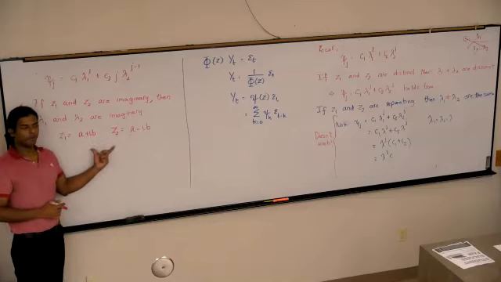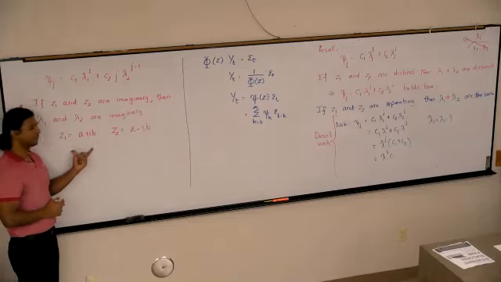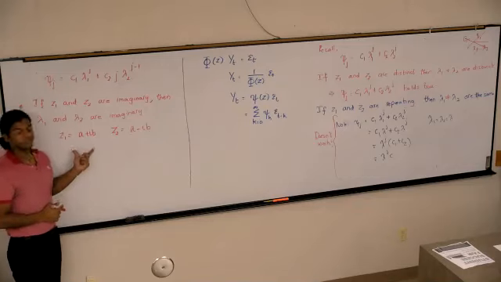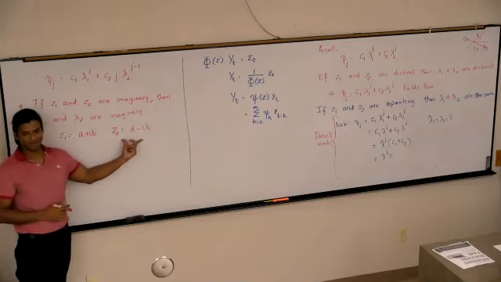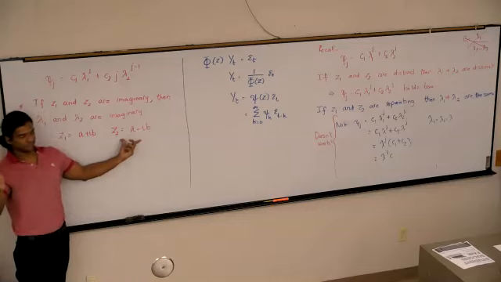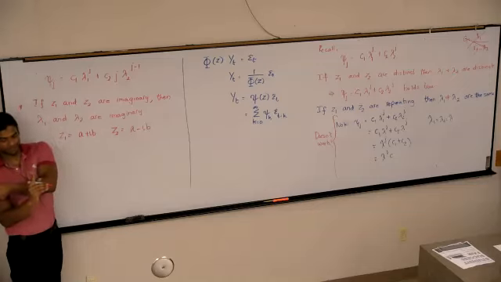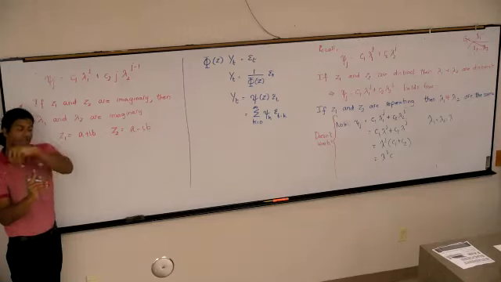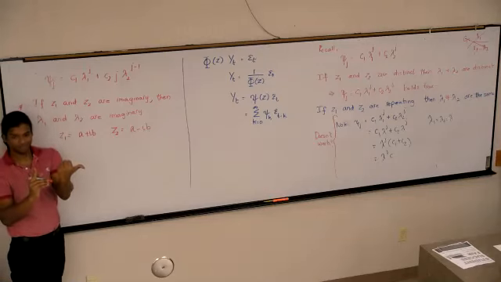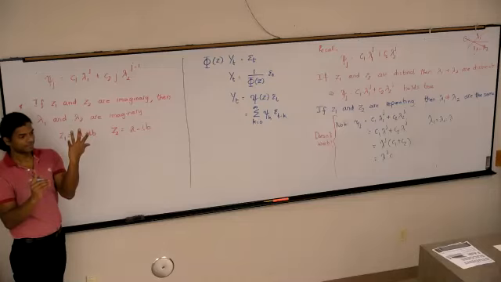Complex roots always occur in conjugate pairs, right? If there is a root that is a plus ib, the other root has to be a minus ib. So if you have a cubic equation and you had one complex root, that implies there is another complex root, which is the conjugate of this one, and the other one has to be real. Does that make sense?